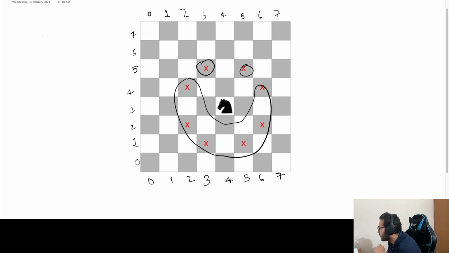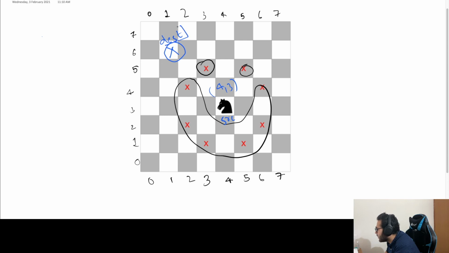The most intuitive and simple approach is this: suppose our knight's position is at 4 comma 3, and let's say our knight has to reach this position.